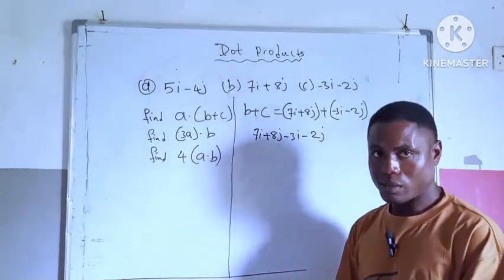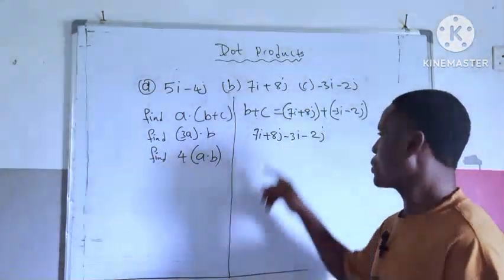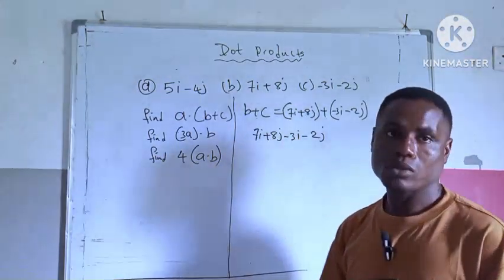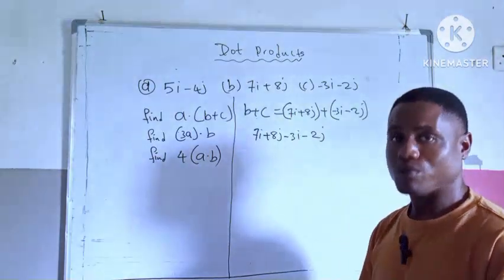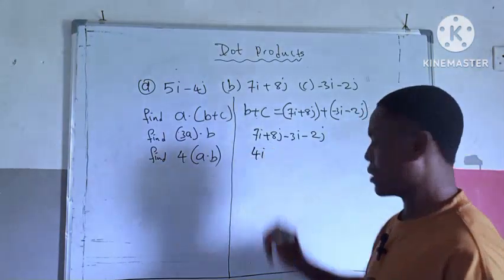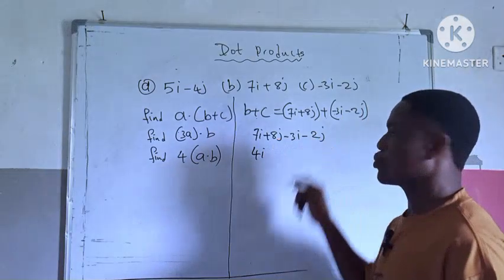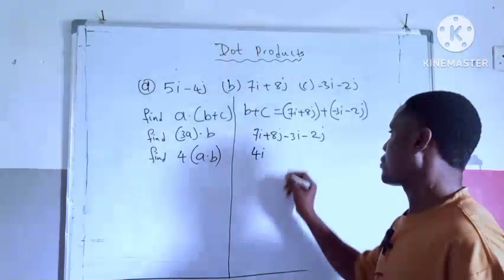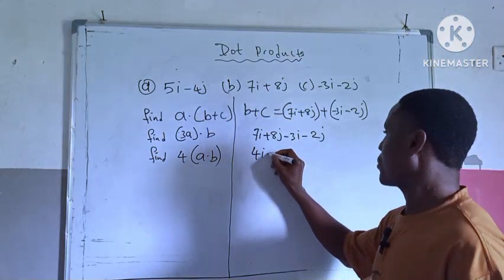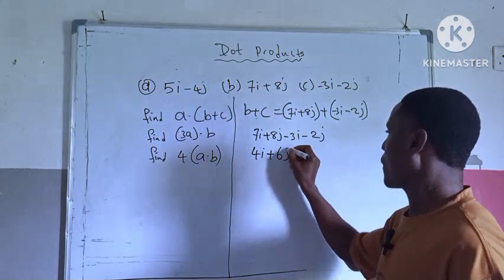What's next? Collect like terms. We have 7i and minus 3i. 7 minus 3 is 4, so that is 4i. Then 8 minus 2 is 6, that is plus 6j.